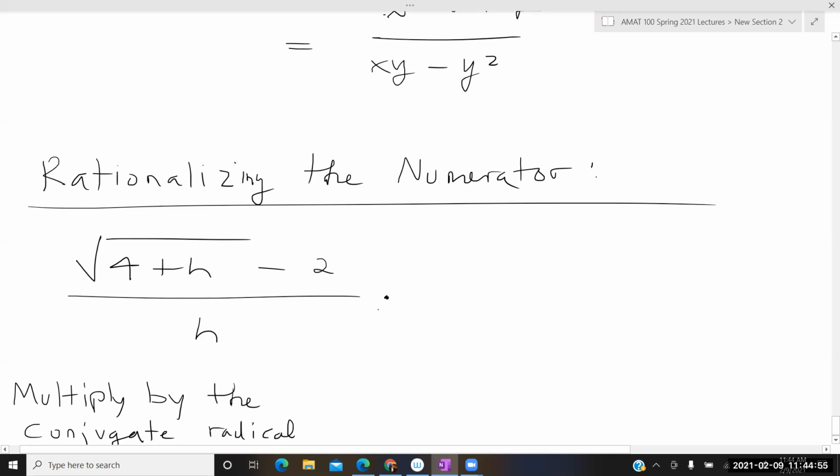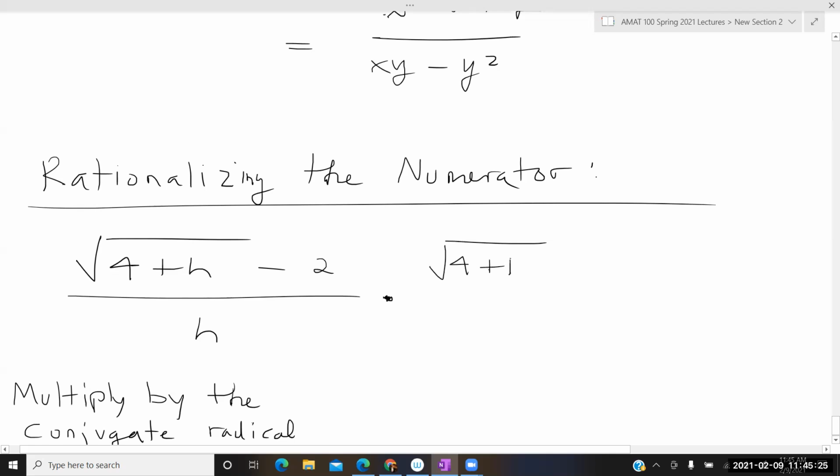First of all, we want to multiply by 1 in a different form, because we don't want to change anything. We want an equivalent expression. So we have to multiply by 1 in a clever way. And the conjugate radical of the numerator is simply obtained by changing the sign to its opposite.